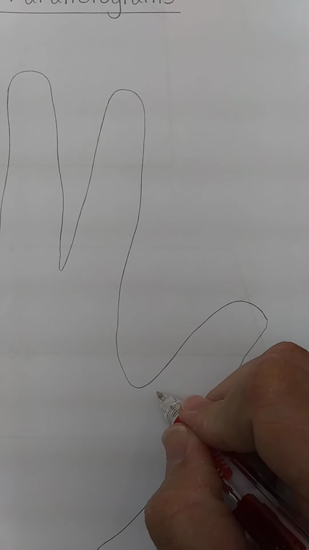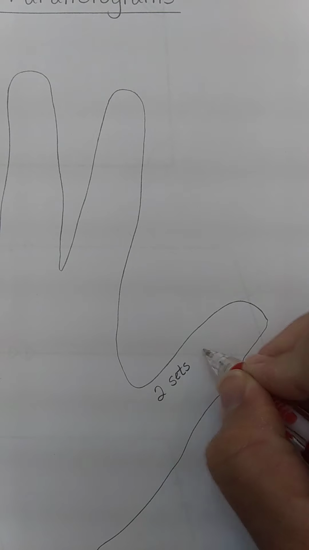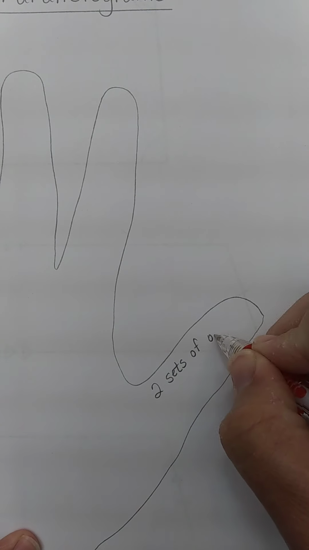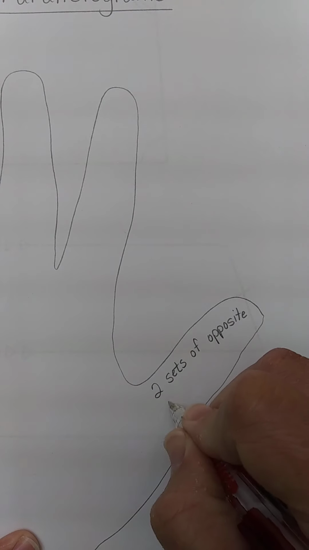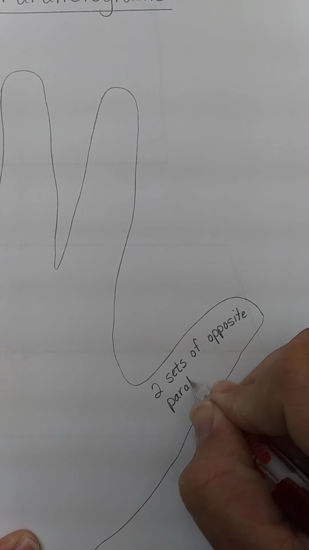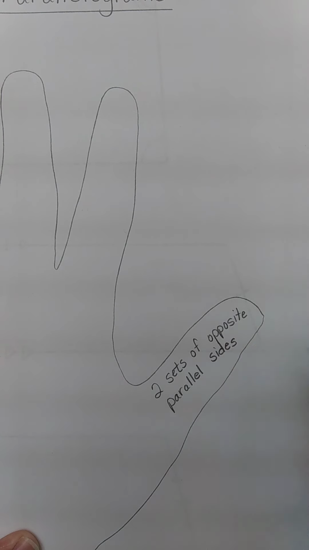So if on your diagram you have labeled two sets of opposite parallel sides, then you know by definition that that figure is going to be a parallelogram.